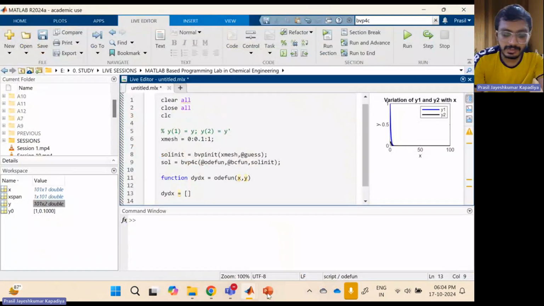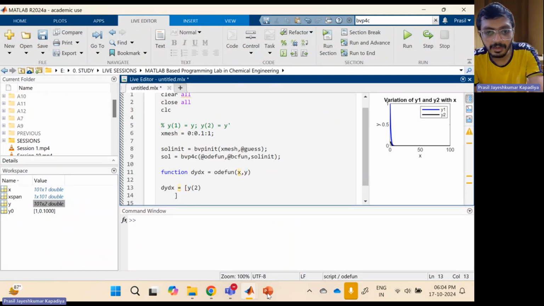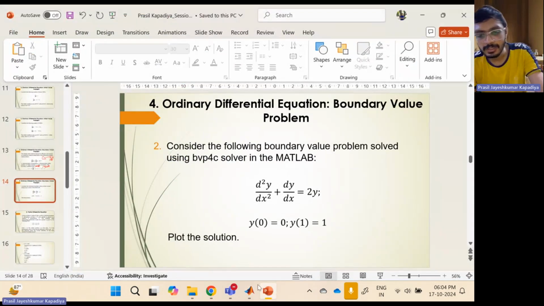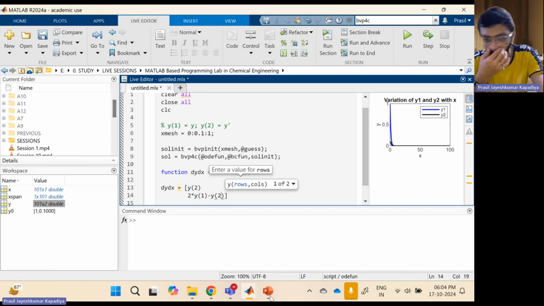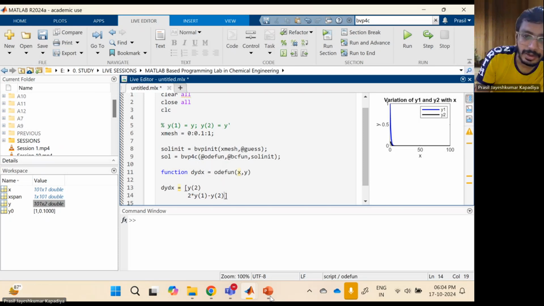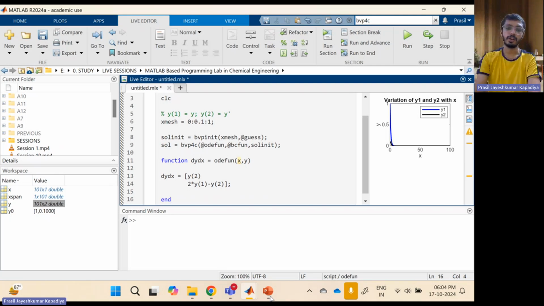Correct. So d square y by dx square is nothing but y of 2, and my second part of the equation is 2y minus dy by dx. So 2 into y of 1 minus dy by dx, that is y of 2. Correct. And I have already ended the function. So this is our ODE function.